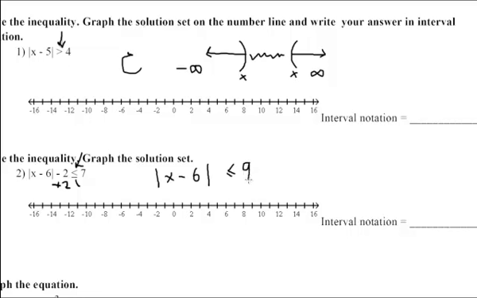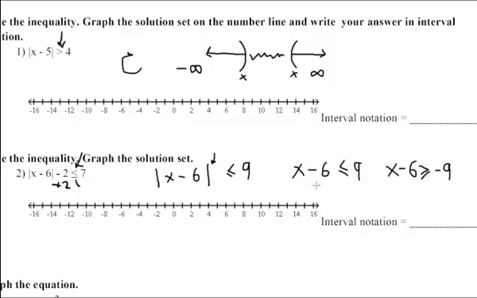Now, this is where I start doing these rules, okay? Remember this? The x minus 6 is less than or equal to 9, which is exactly what's written there, but without the absolute marks, okay? And the other one is going to be x minus 6 greater than or equal to -9. Now, I just remember this by changing direction of the inequality arrows, and changing the sign of the number, okay?